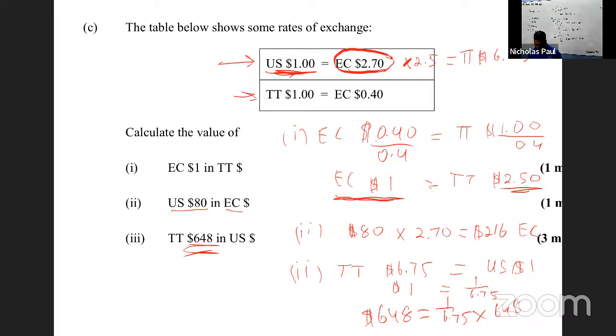648 divided by 6.75. How much? 96. Right? Yeah? Right, yeah, it have other ways as well.